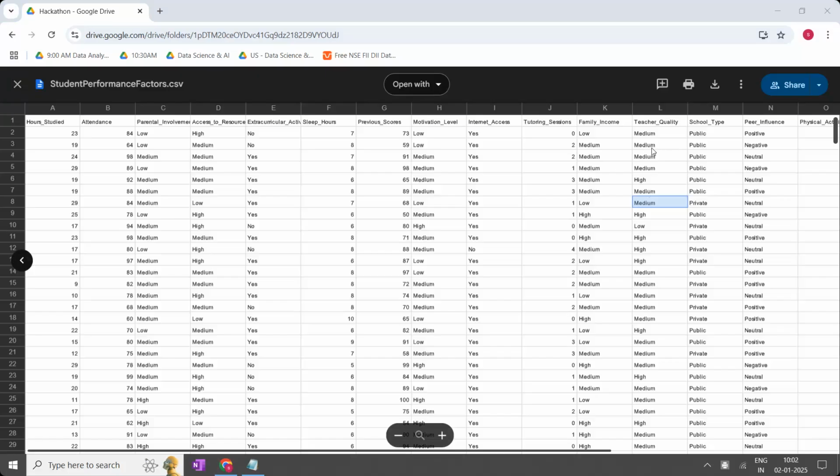Okay. Now, sir, in the hackathon project, we use group by many times. The difference between the categories is very close. Suppose parental involvement wise, exam score: if they are very close, it is not considered an important observation. For example, parental involvement is high, low, or medium, and the average score is the same, which means marks are not impacted by parental involvement.